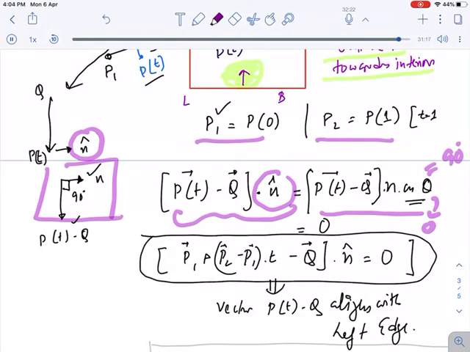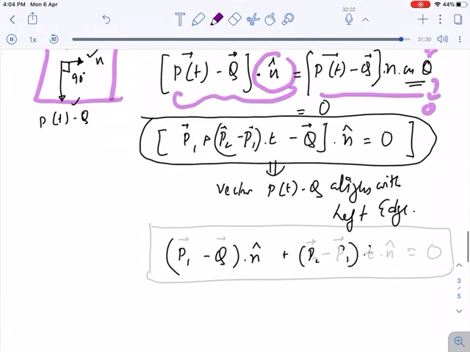Now I can separate out these two things as P1 minus Q into n and P2 minus P1 into T into n. This is a simple multiplication, this is not a dot product. This is P1, this is P2. P2 minus P1 into T into n equals 0.